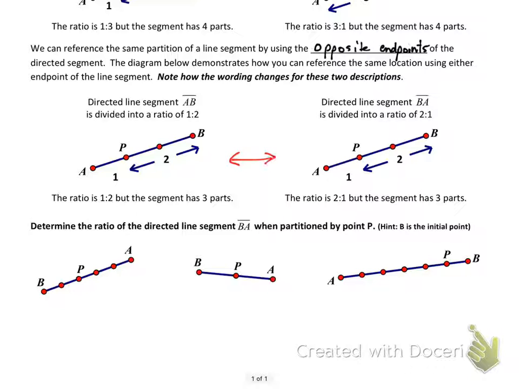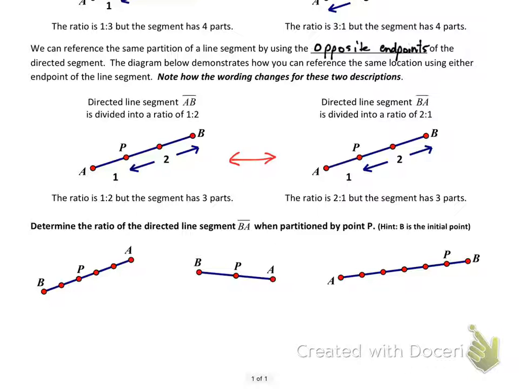So both of these are interchangeable. But notice that the wording is very different. In the first one, we have directed line segment AB, and it's divided into a ratio of 1 to 2. So I'm starting at A. I go one part. There's partition point P, and then there's two parts following.